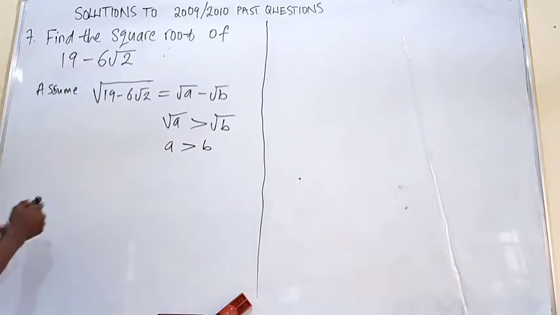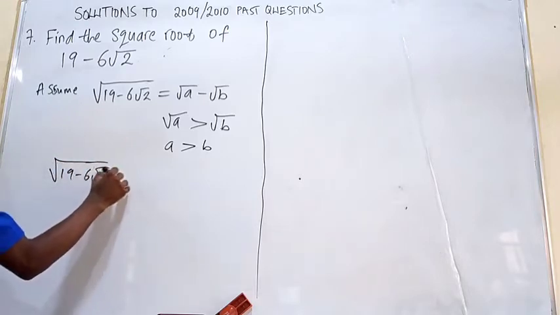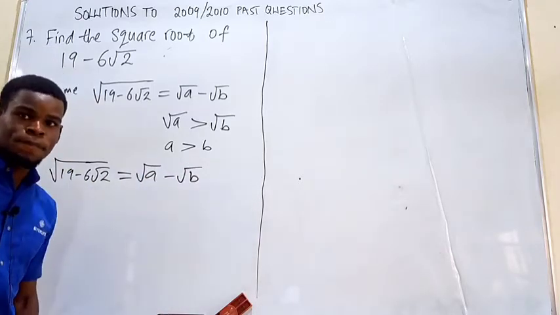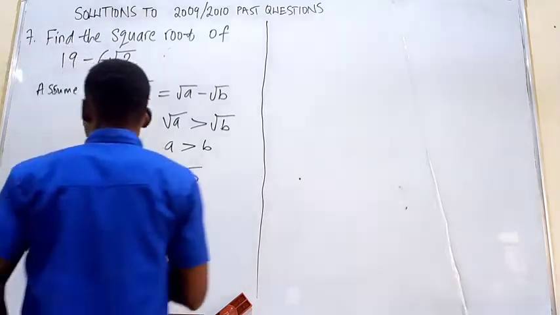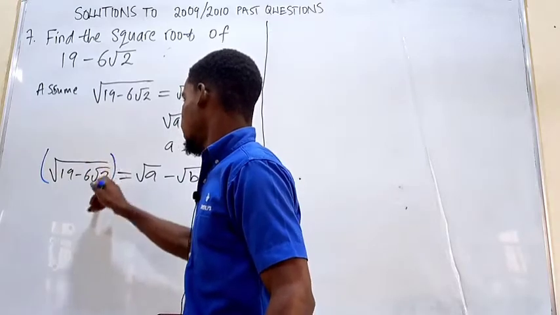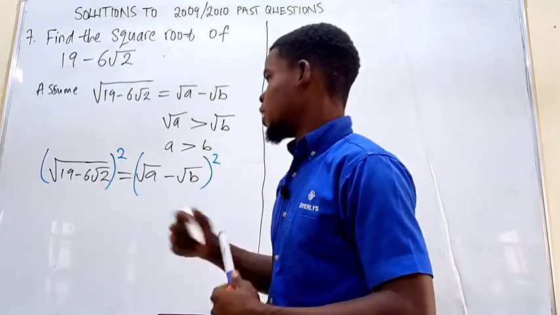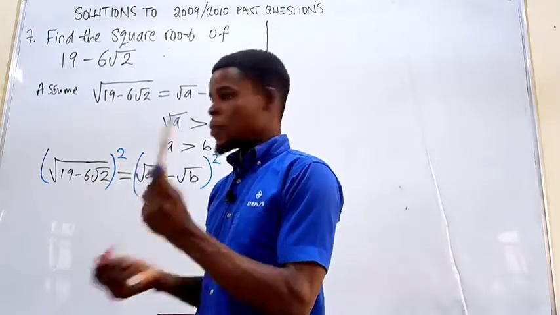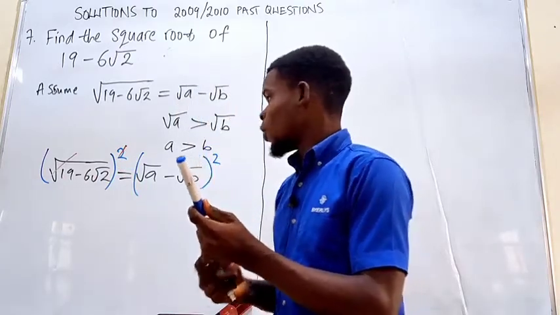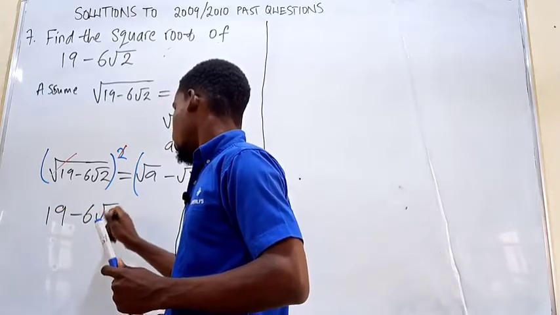Alright, so I'm going to start by putting down the square root of 19 minus 6 root 2 to be equal to the square root of a minus the square root of b. So from here, I see that if I go ahead and square both sides, I raise both sides to power 2, like this. The next thing is that the square and the square root will just cancel out nicely, and we are going to have 19 minus 6 root 2 on the left hand side.